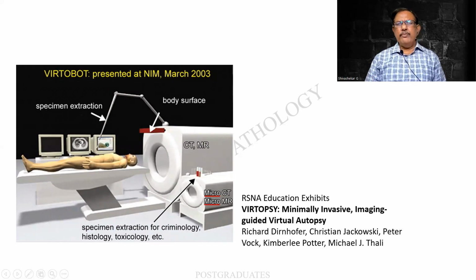There are different types of this. I had mentioned in my previous class. You can have serial coronal sections. You can have serial sagittal sections. And you can reconstruct the entire ductal system or the blood vessels of a particular region also. And this can be used for criminology, histology, toxicology, etc.